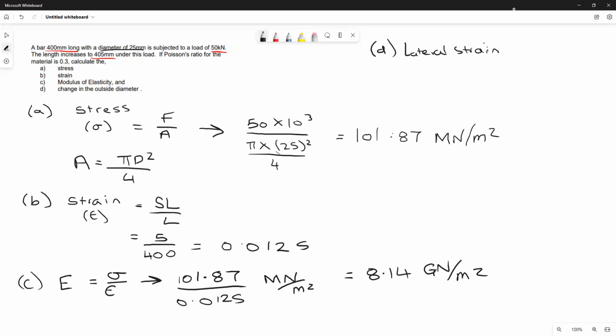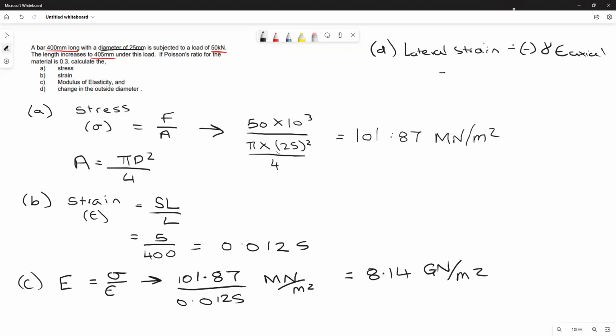Which in our case would be the Poisson's ratio multiplied by the axial strain. So the Poisson's ratio, that's the symbol which signifies the Poisson's ratio, and then the axial strain, which is subjected to the bar.